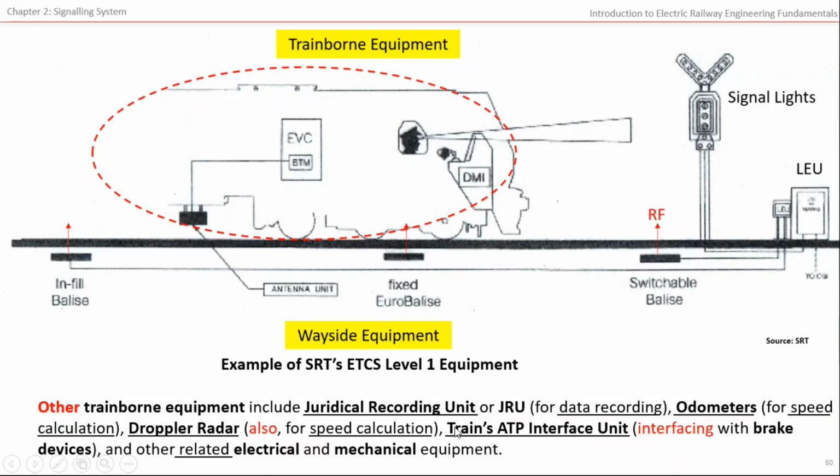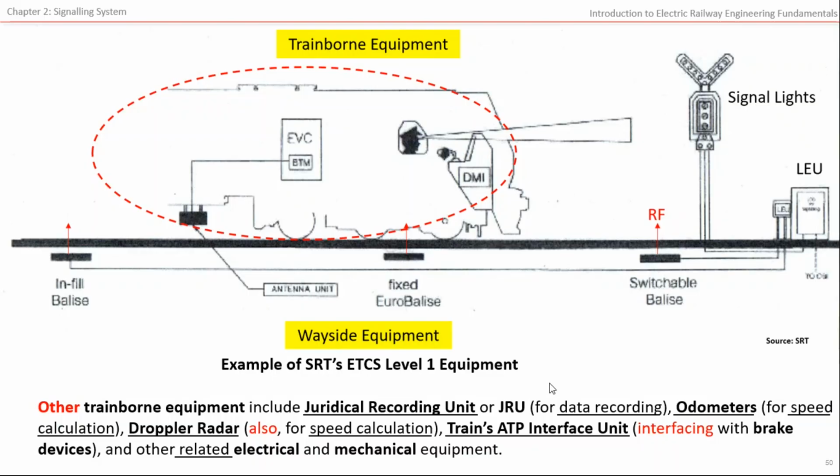And the train's ATP interface unit. This is important because the system needs to be interfaced with the braking devices on the train and other related mechanical equipment.